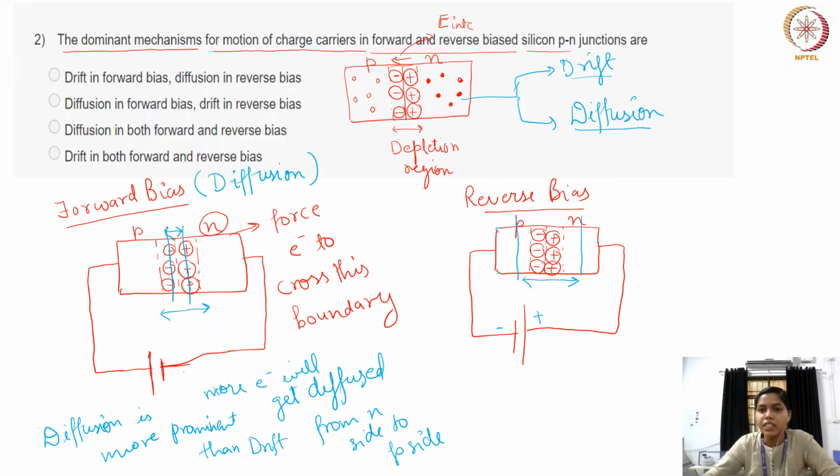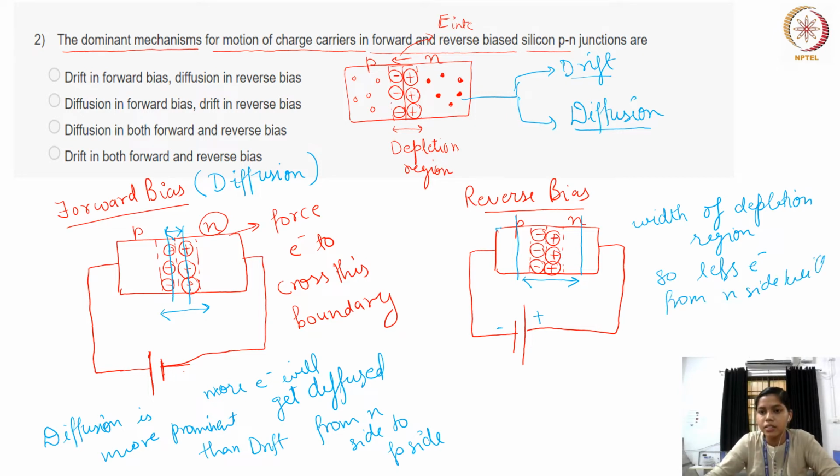Whenever the width of the depletion region increases, fewer electrons from N side will diffuse into P side, correct? So we can say in the case of reverse bias, the drift mechanism is more prominent.